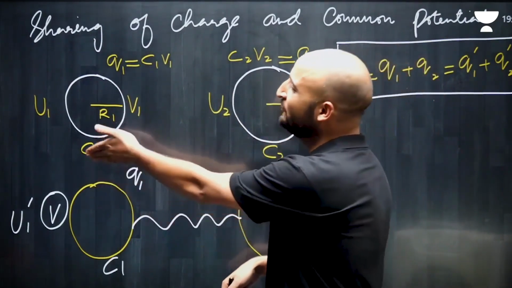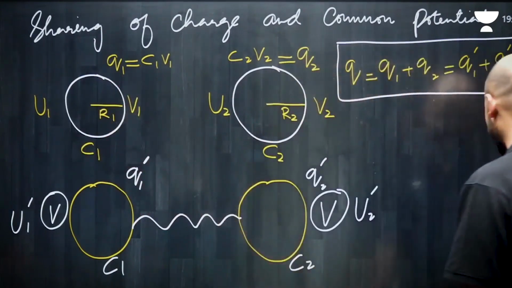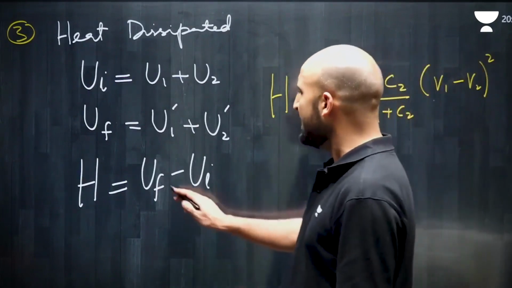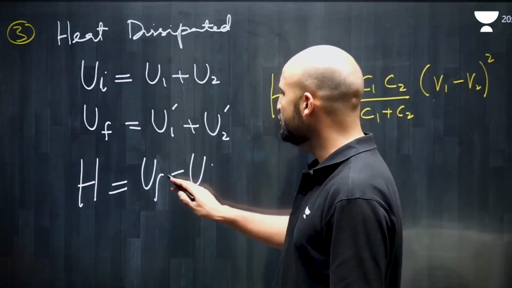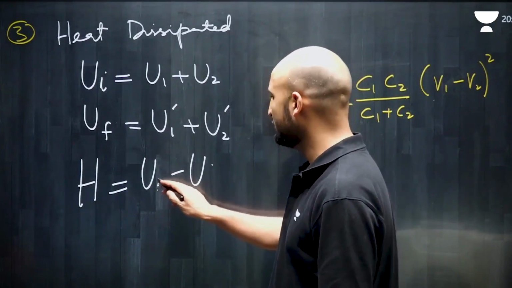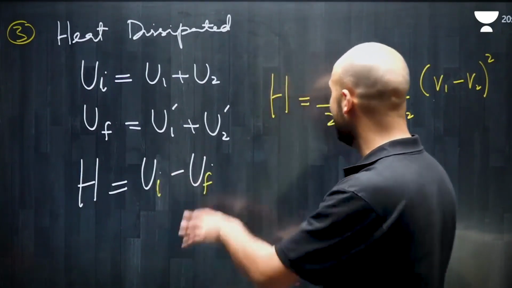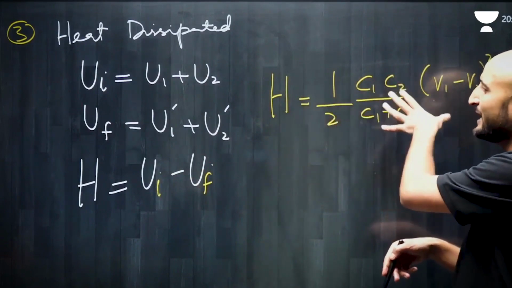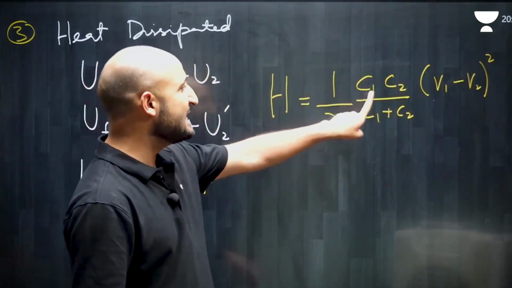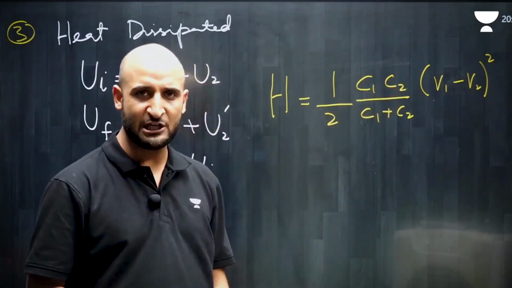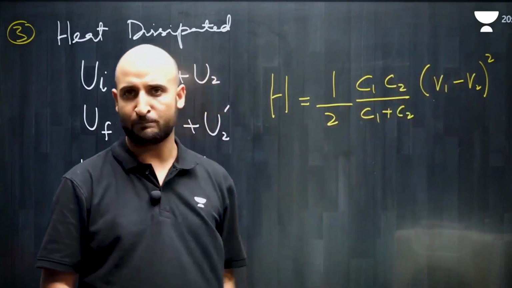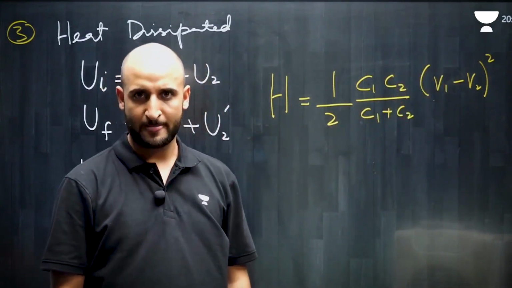Then you take U initial minus U final, because obviously U initial will be a little more than U final. When you put all the values here, you get the amount of heat dissipated in the process. That's 1 by 2 C1 C2 divided by C1 plus C2 into V1 minus V2 whole square. That's with the initial potentials on both the conductors, right?